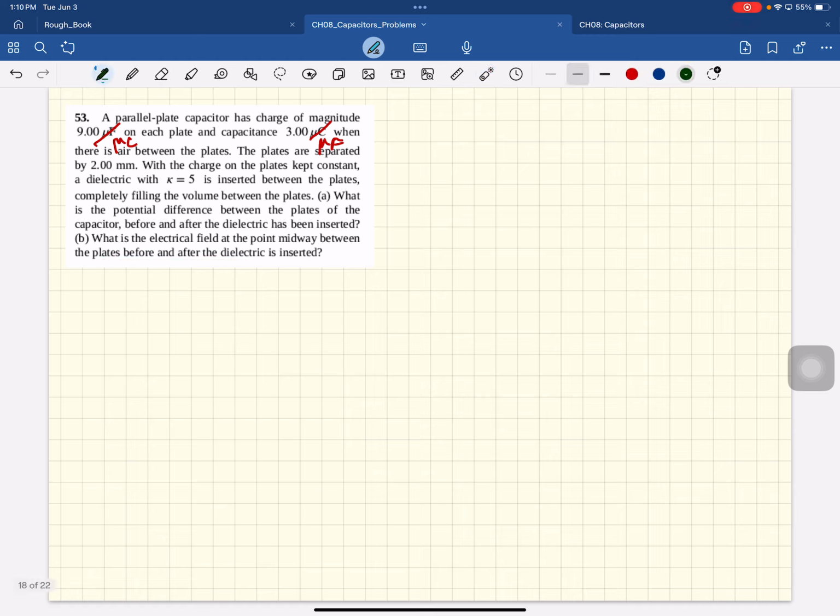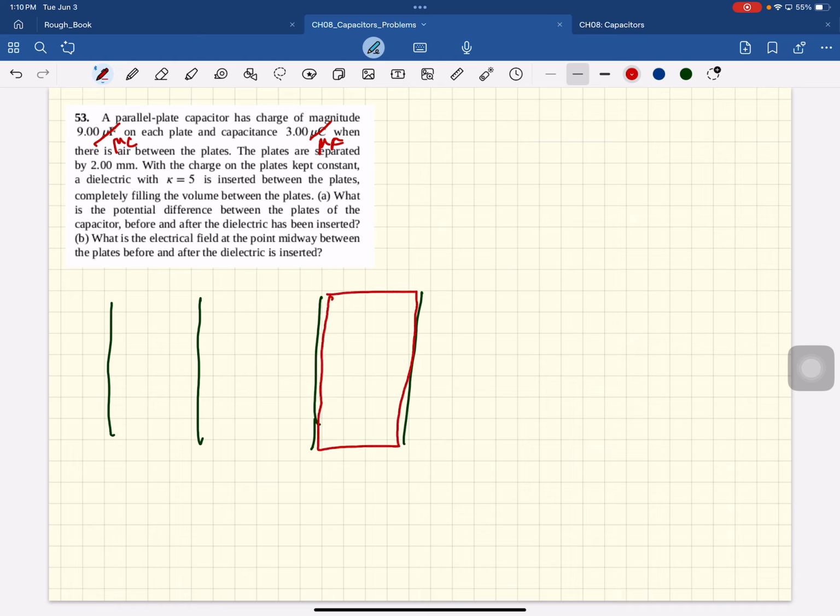All right, so here's this, and here's with the dielectric present. It has a charge of magnitude 9 microcoulombs. The charge is the same.